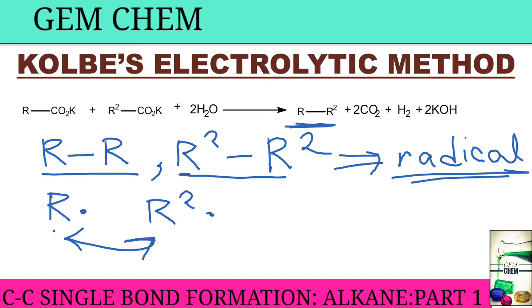The free radical theory is the one favored and strongly supported. Now we will see for sodium propionate, that is with 3 carbon atoms, 1 CO2 group in each of them. When sodium propionate is electrolyzed, we get n-butane, ethane, ethylene, ethyl propionate. These are the different kinds of products obtained.